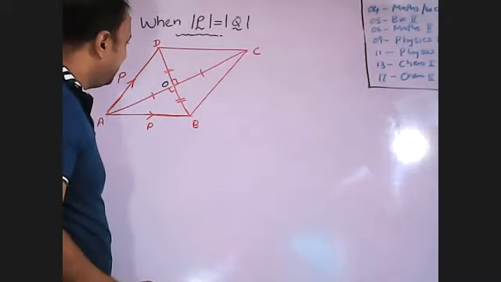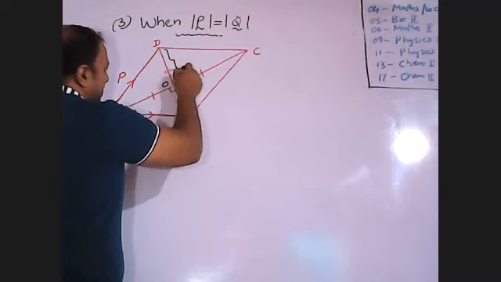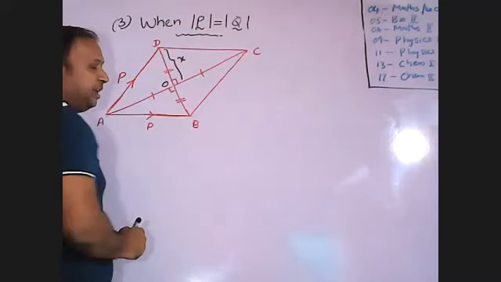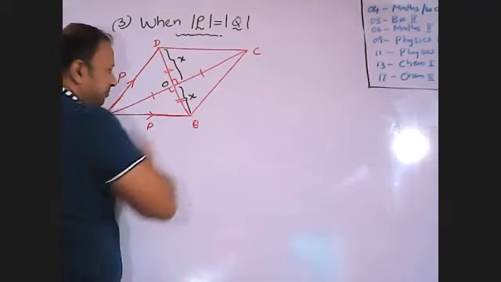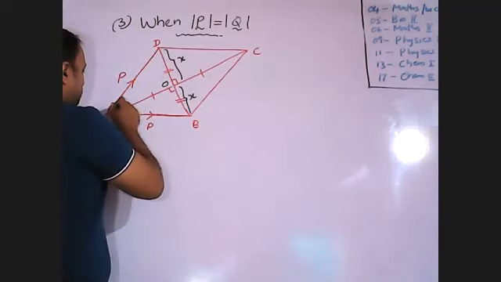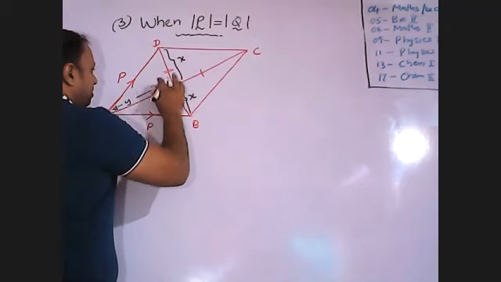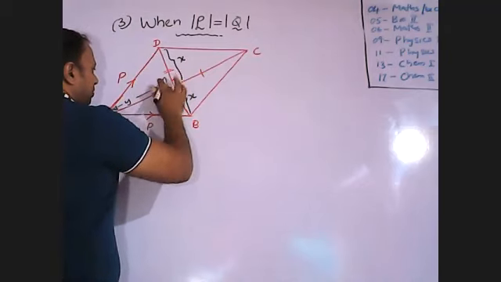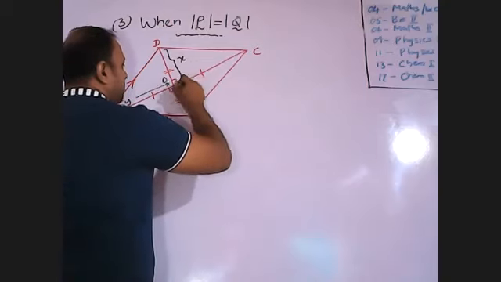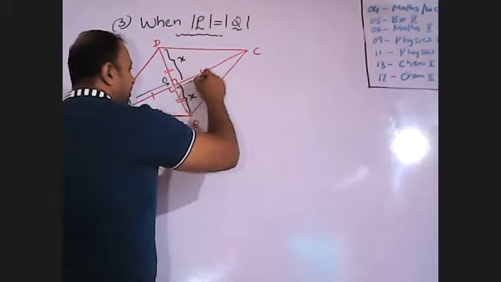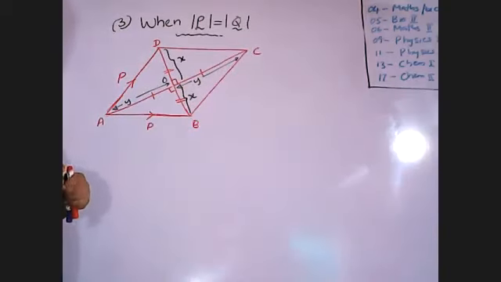Those are 90-degree angles. Suppose this length is X; if it is X, definitely this one is also X. If it is Y, definitely this one is also Y. Right?